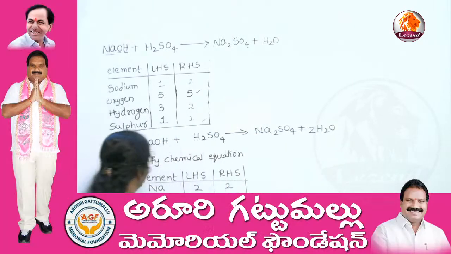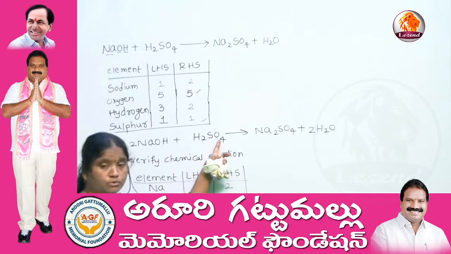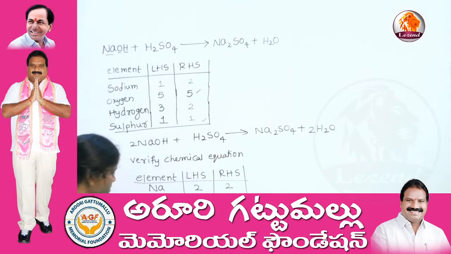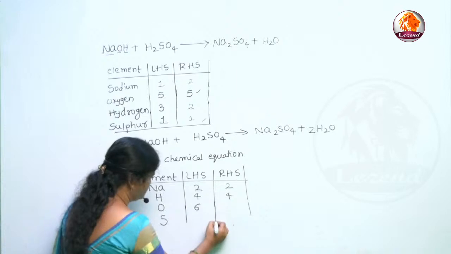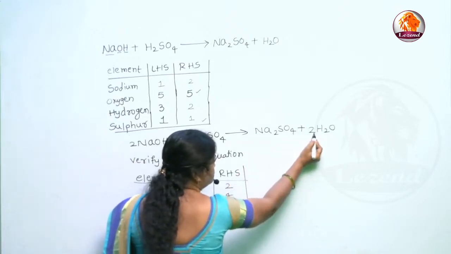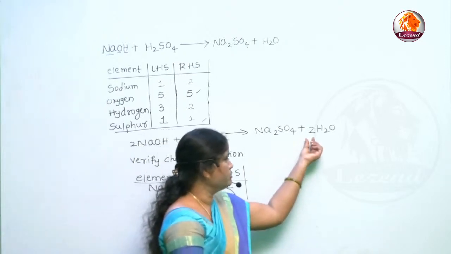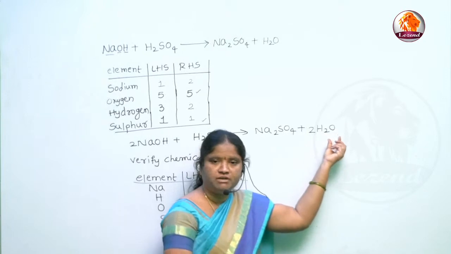In the same way, oxygen atoms also we need to compare. 2 oxygen atoms plus in sulfuric acid, 4 oxygen atoms. 4 plus 2, 6. On the right side also, in sodium sulfate 4 oxygen atoms, and in the water molecule. This 2 belongs to 2 molecules of water. This 2 applies to the atom of each element in the compound.